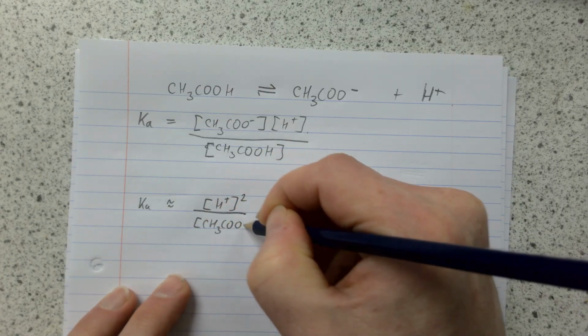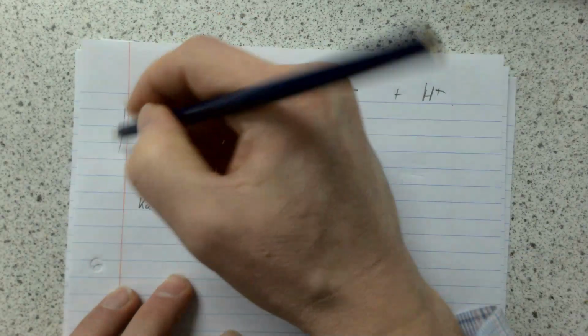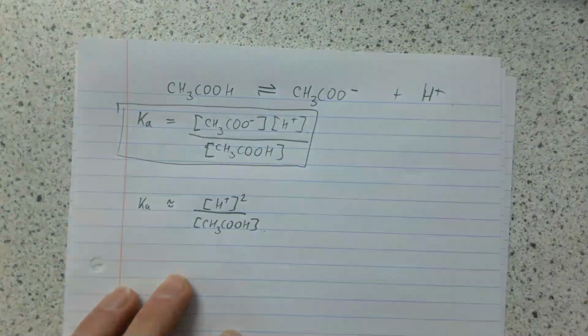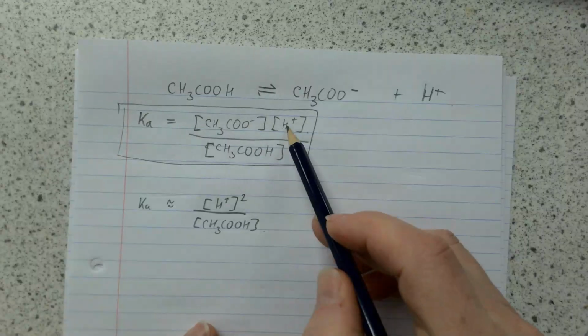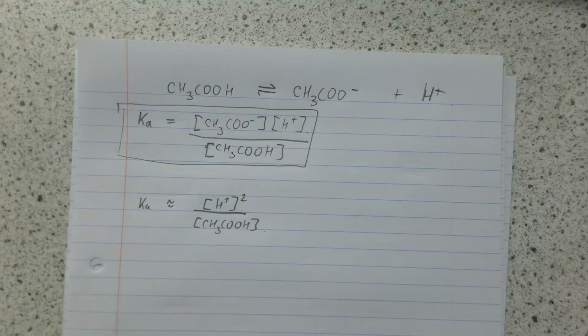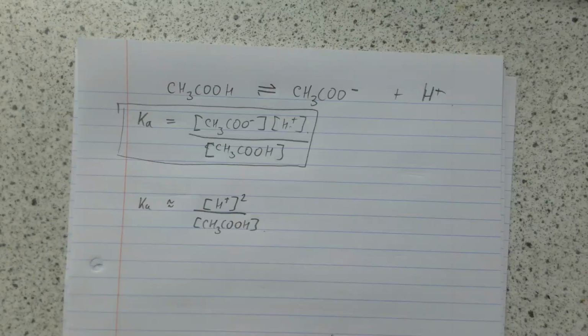This is what we're going to use to do our calculations. But this is the definition. So if ever you're asked to define Ka, you must give this as an answer. You can't give A minus H plus HA. You give the actual acid that it's actually talking about with its conjugate base and H plus at the top and the acid underneath.